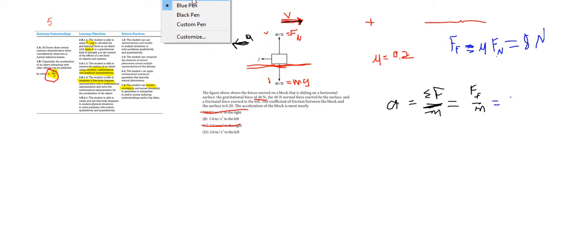Okay, so for your mass, if you look over here, your weight equals 40 newtons, so mass equals weight over little g. If I divide both sides by little g, you would get 40 divided by, remember, acceleration due to gravity is 10.